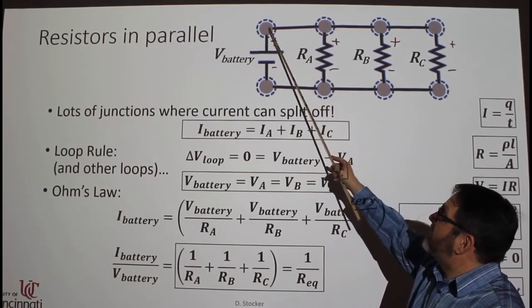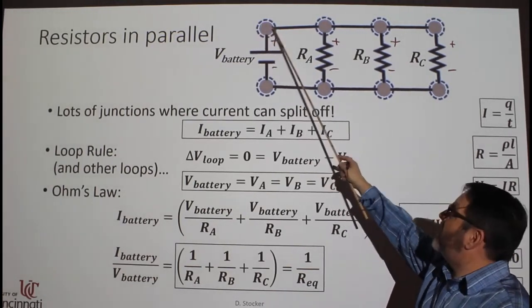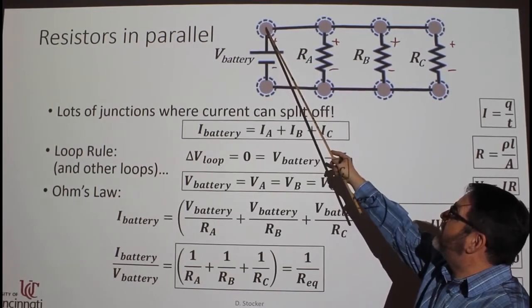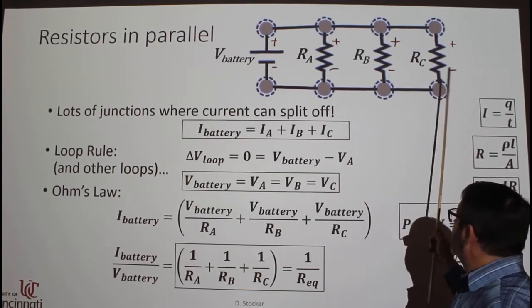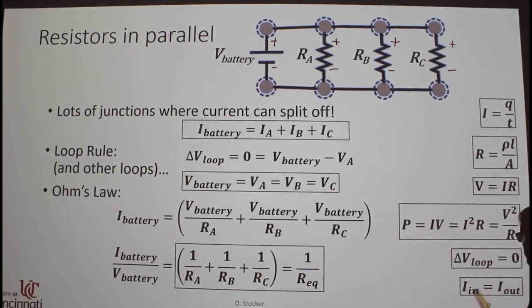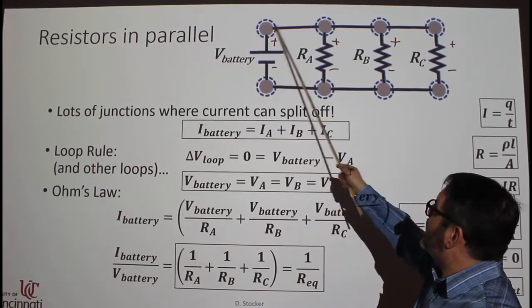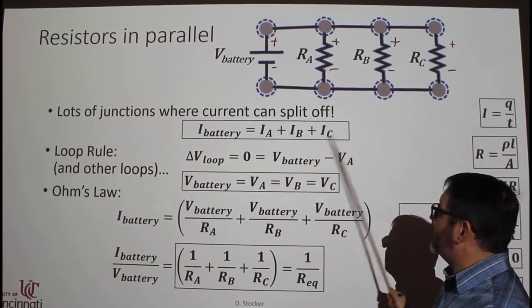I can look at this entire top piece as one big junction, because all that's here is wires. So there's one wire going into this, and then there's current coming out of it in three different places. And I know that current in equals current out, so the current of the battery going in has to be equal to IA plus IB plus IC.